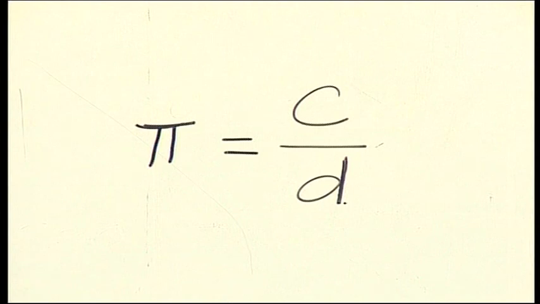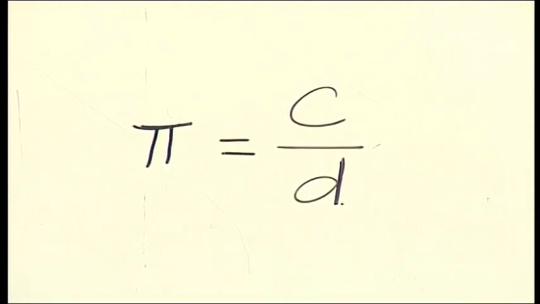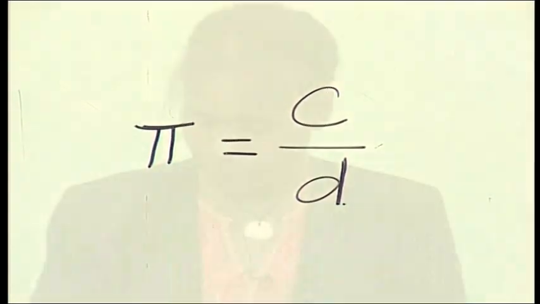We will try to make C the subject, because from the topic, circumference of a circle, we will try to calculate the circumference of a circle. So I'd like you to look up on the PowerPoint and see how we can go about that.